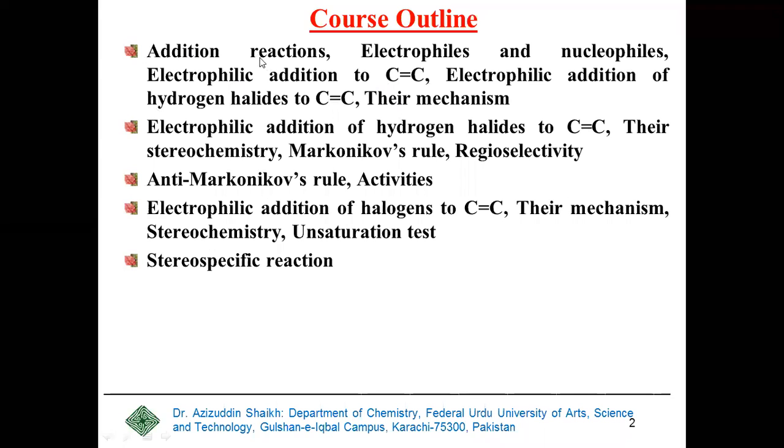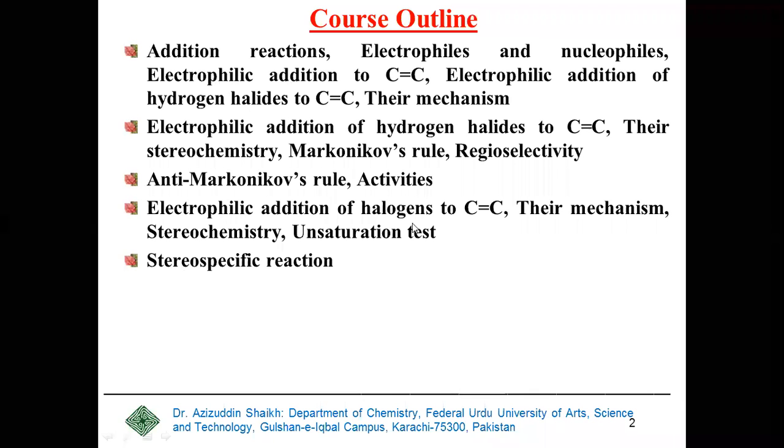The second lecture covers their stereochemistry and Markovnikov's rule. The third is anti-Markovnikov addition, and the fourth is electrophilic addition of halogens to carbon double bond carbon, their mechanism, stereochemistry, and unsaturation test. The next lecture will be stereospecific reactions.